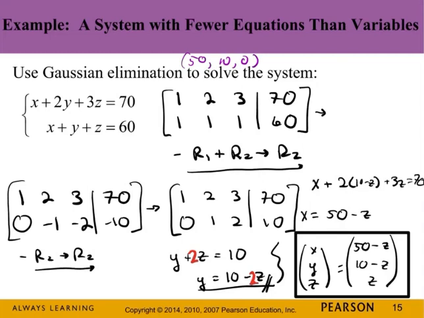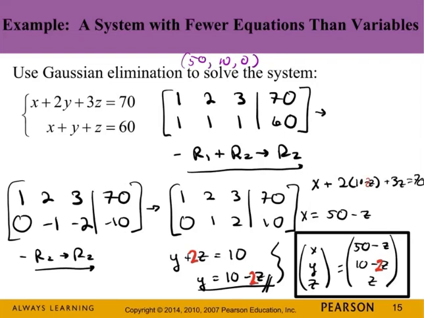So it probably would have helped if we had checked a few other points. This would have been a 2z. 10 minus 2z. Okay. This would have been a 2z, 4z. Let me think.